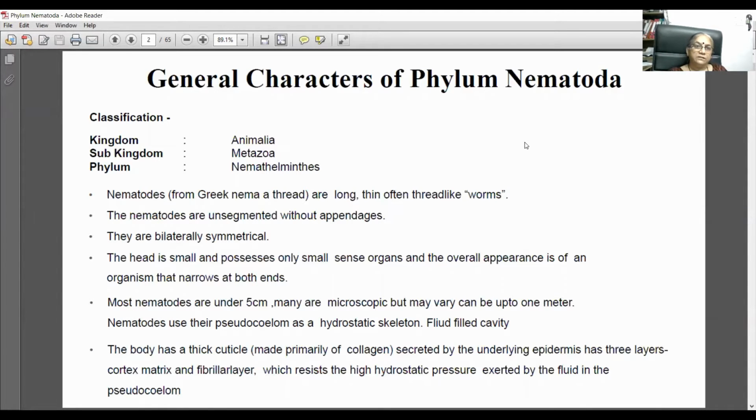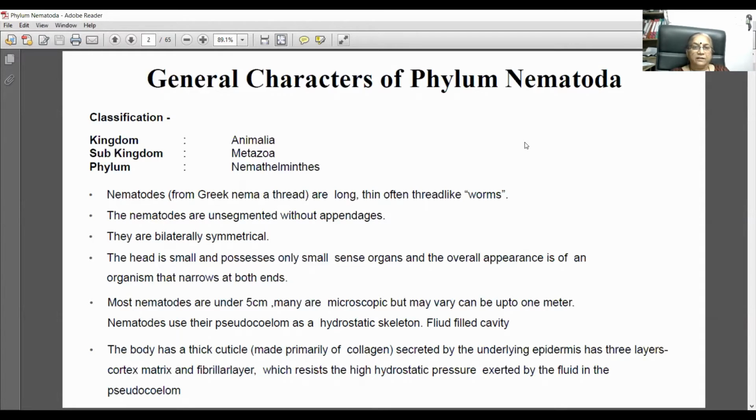The organism is pointed at both the ends, or you can say the organism has narrow ends. One is the anterior end, the other is the posterior end.